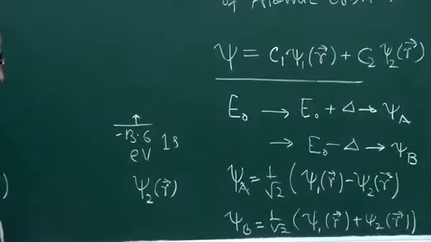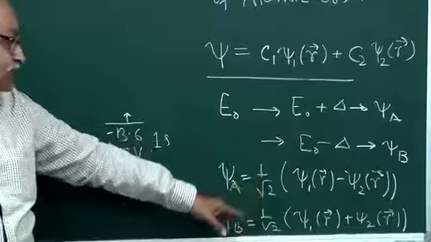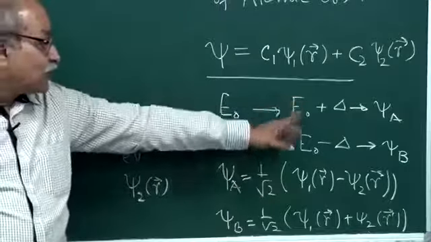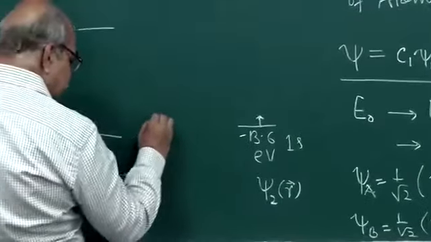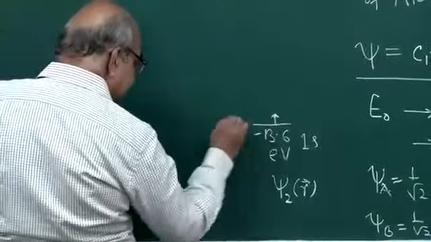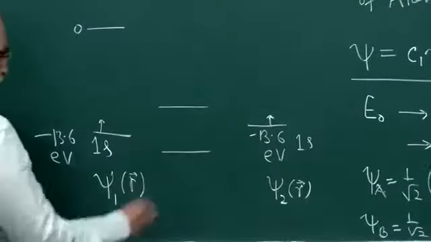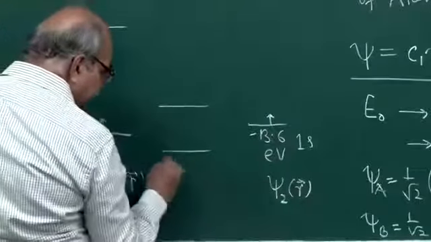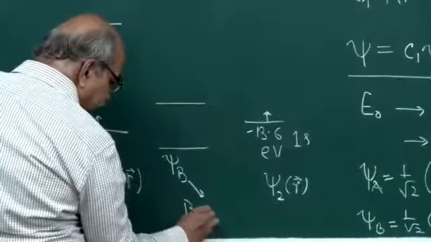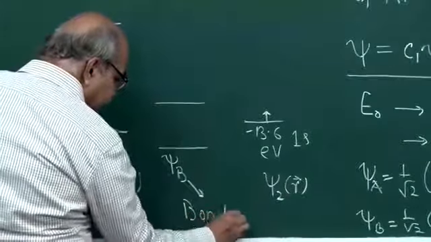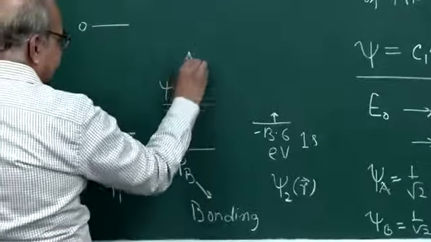This kind of combination gives you definite energies, and those definite energies are one up and one down. If you plot in this diagram, this was identical energy, then one energy goes up, one energy goes down. This is psi B, and I have written B for bonding. And for this the wave function is psi A, and this A is for anti-bonding.